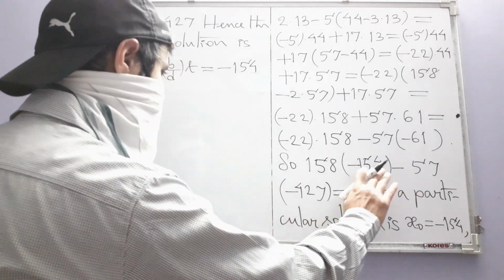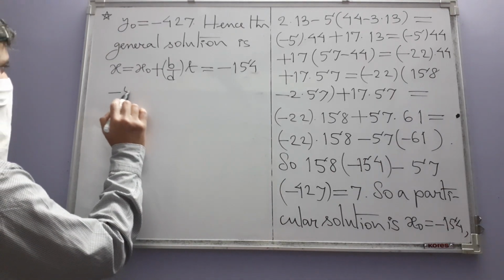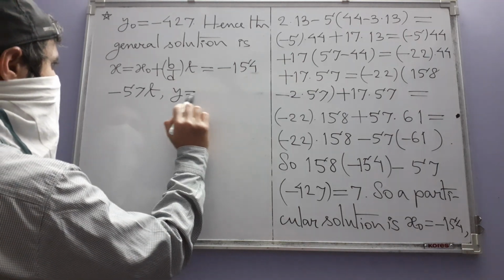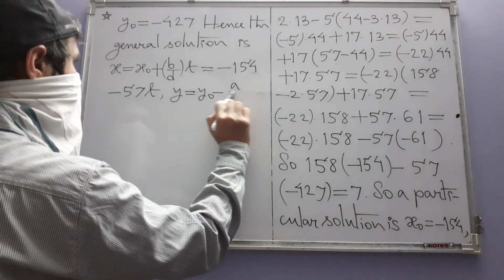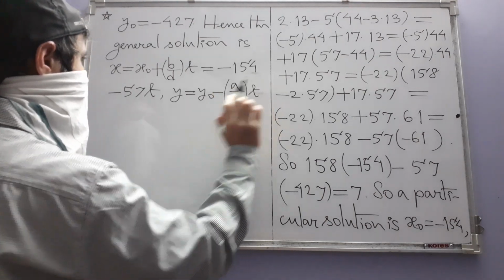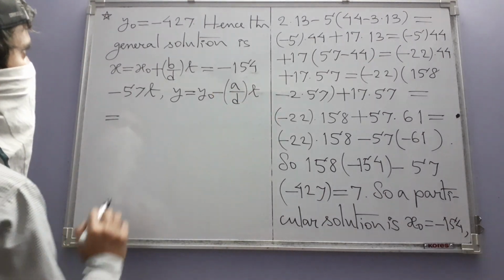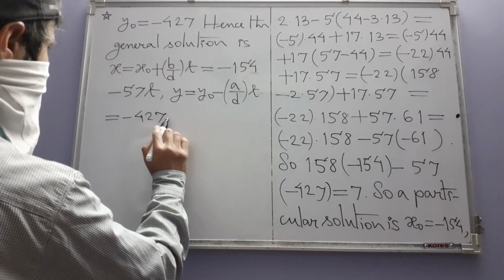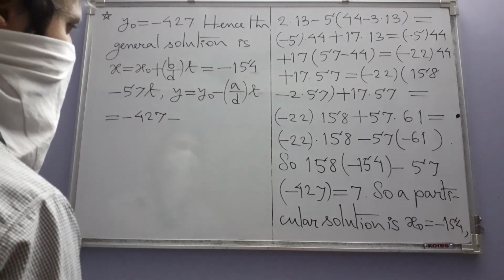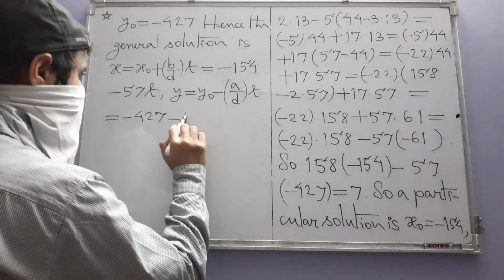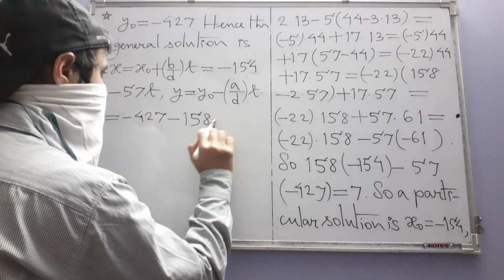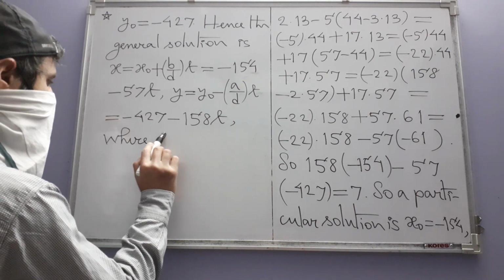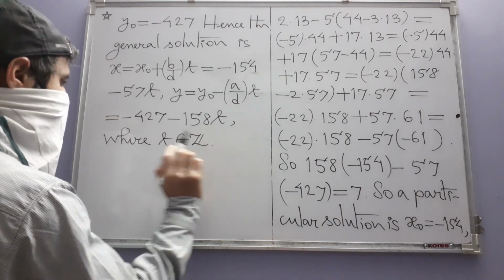B is not 57, b is minus 57. So minus 57t. And y is equal to y naught minus a divided by d times t. Y naught is minus 427 minus a, which is 158, times t, where t is an integer.